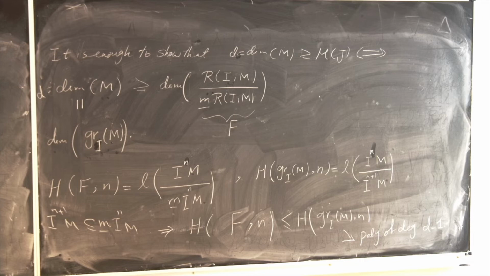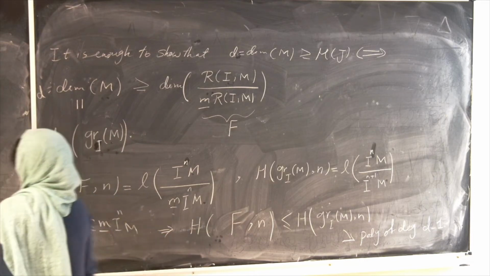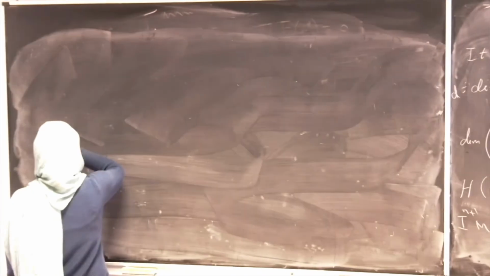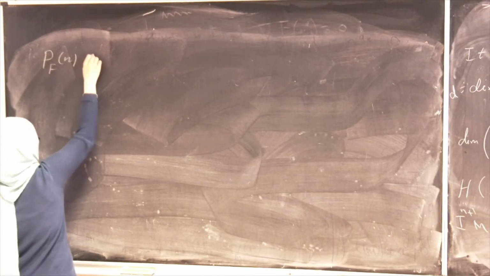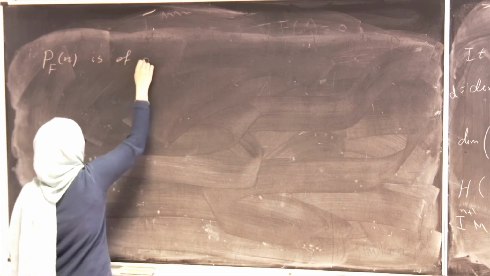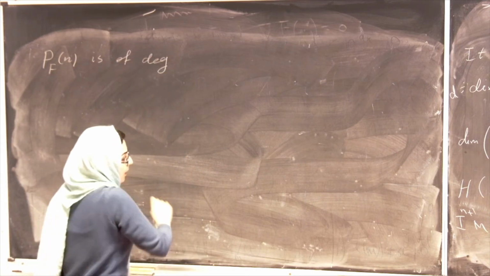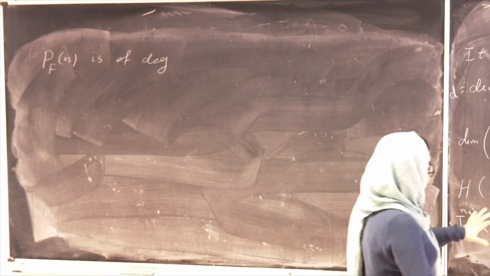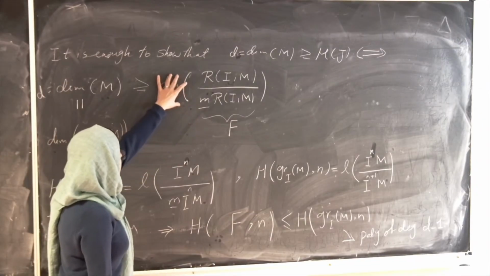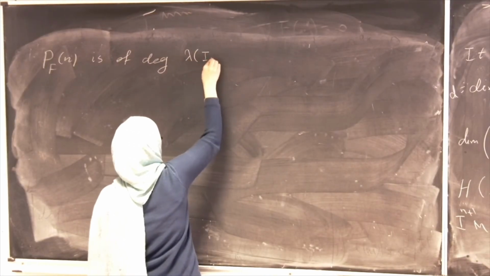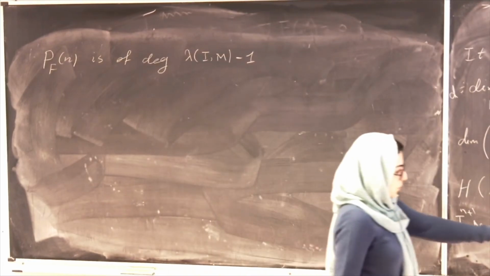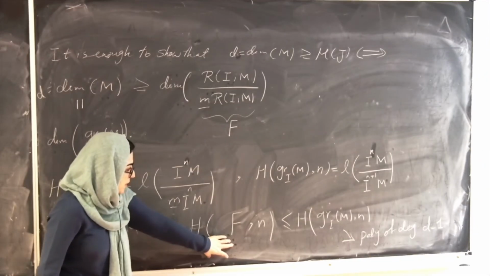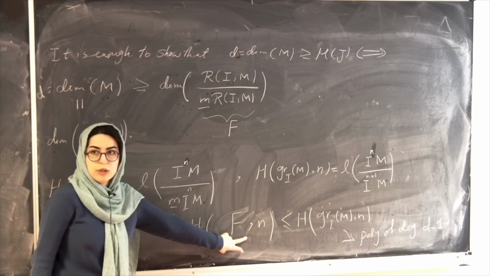But we know that the Hilbert polynomial of f is of degree dimension of f minus 1, which is just analytic spread minus 1. And as I explained, this inequality gives me that this degree is less than or equal to d minus 1.